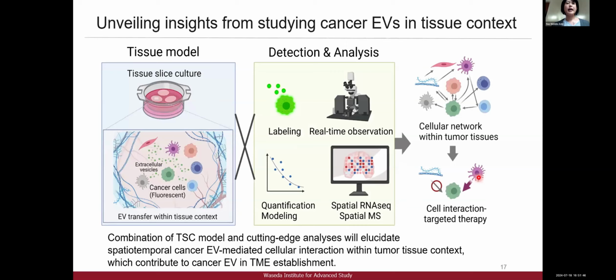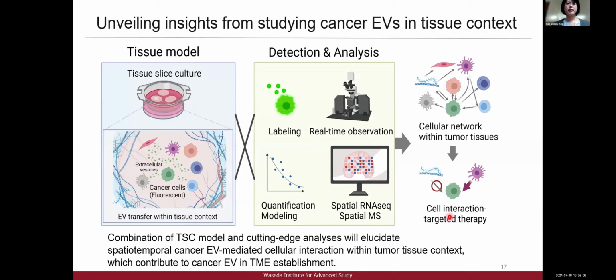So the main result I have so far is that's all. To summarize, I am leveraging the tissue slice culture platform and directly observing cancer EV transfer within intact tissue architecture.